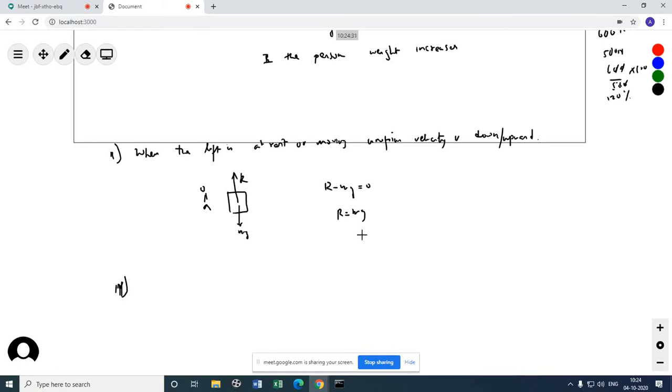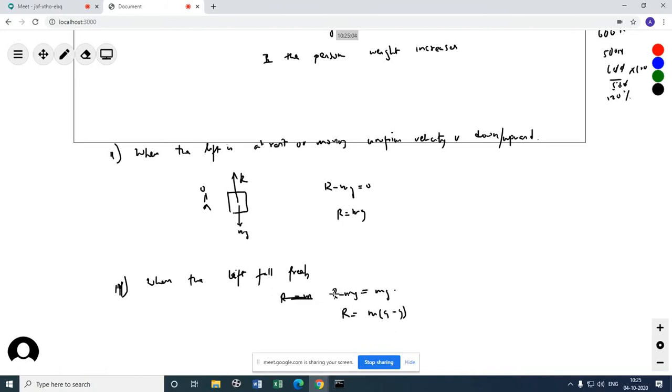The third one. So here is your actual weight. When the lift falls freely, then what do you guess? What will happen? So R minus mg will be equal to mg?